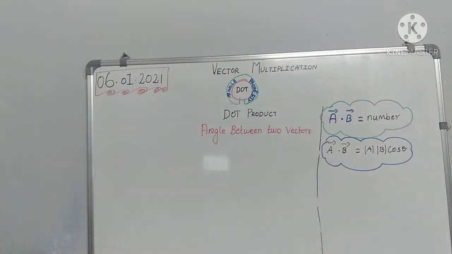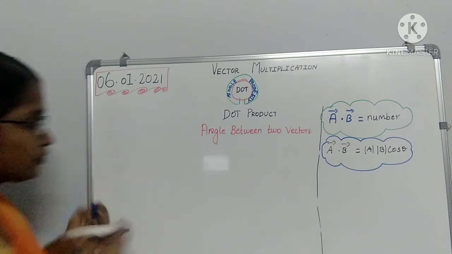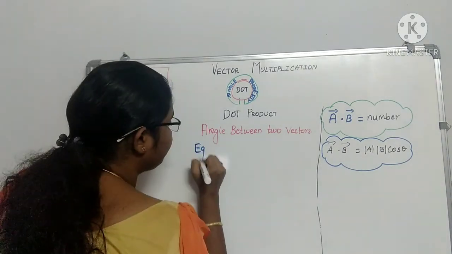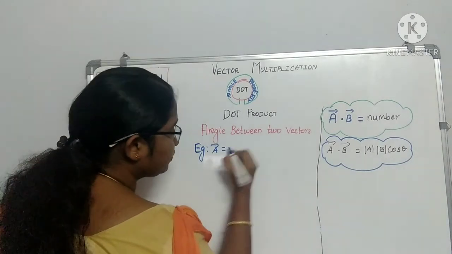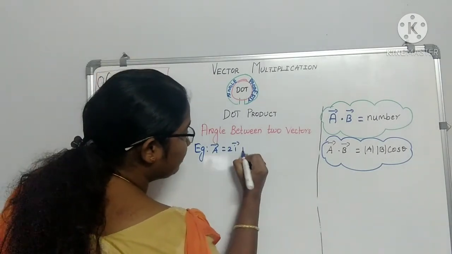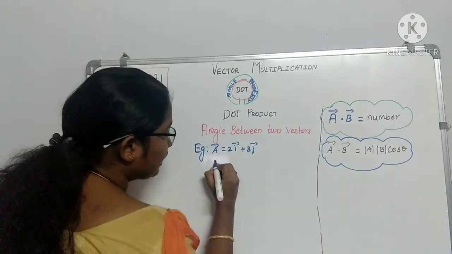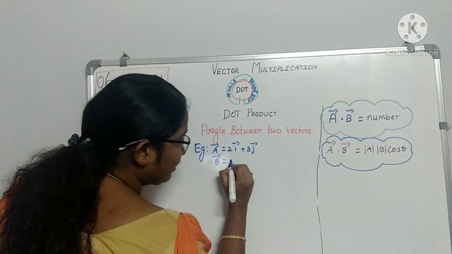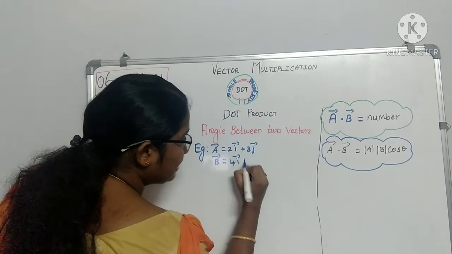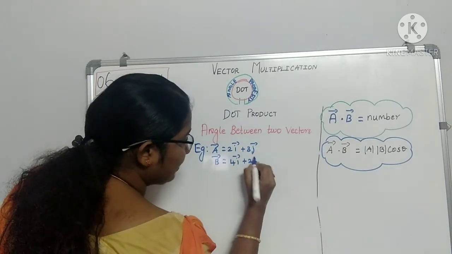Now I'll give you an example. A vector is equal to 2i vector plus 3j vector. B vector is equal to 4i vector plus 2j vector.